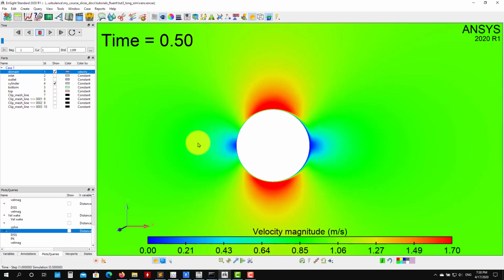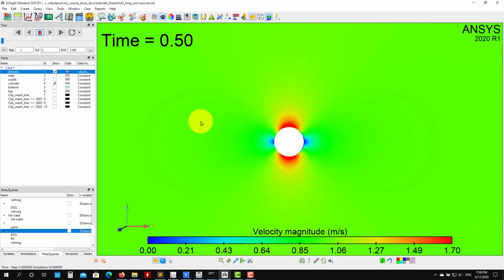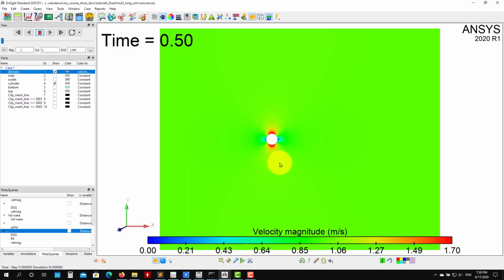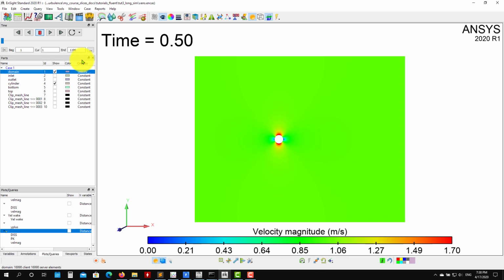So just to show you this animation here, I computed many fields. Okay, so let's see, this is a velocity field. Let me press play and let's see what's happening. As you see, you have an initial transient, it seems to be steady, and then you have the onset of the instability.